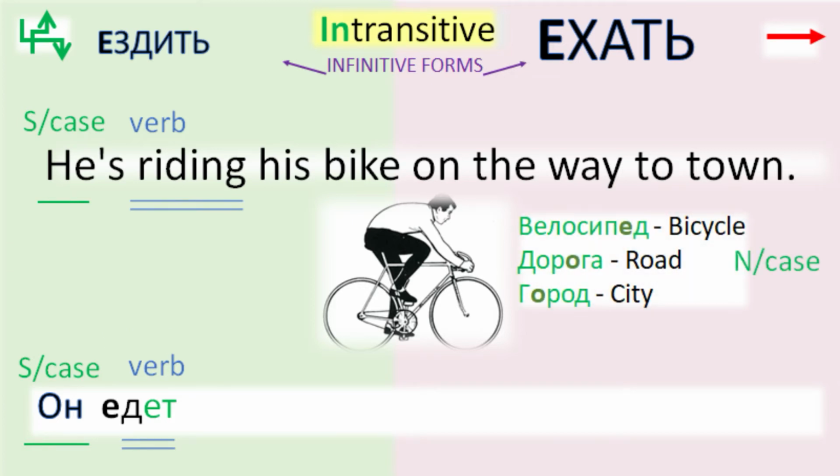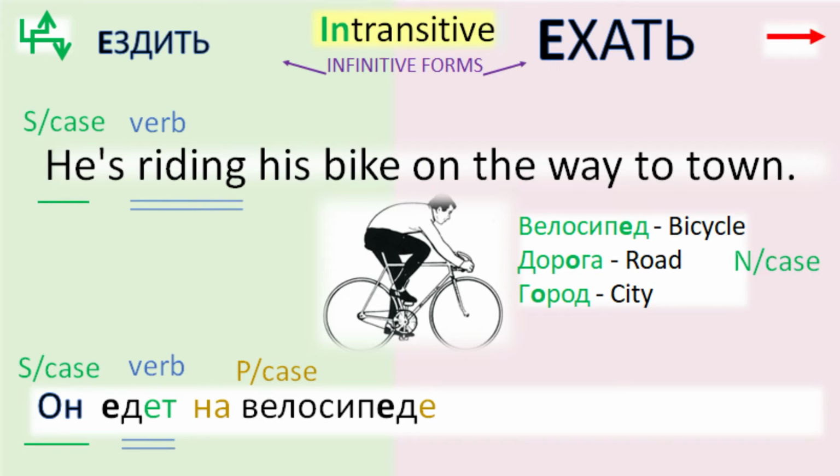Now you are ready to say that he is riding his bike. Велосипед is in the nominative case, so you need to change it to the prepositional case. Он едет на велосипеде. На велосипеде.